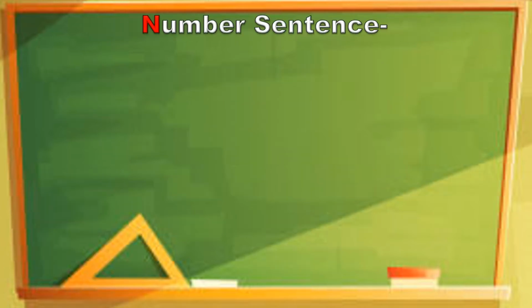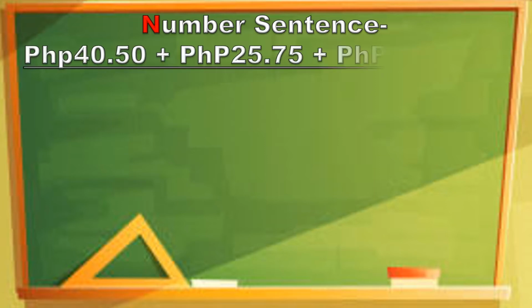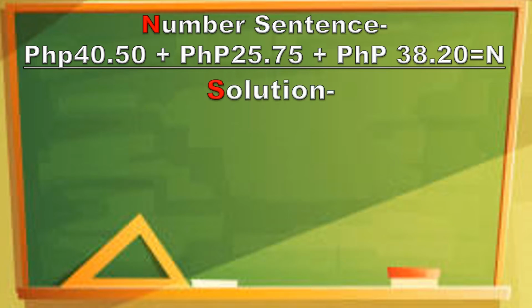Our number sentence will be 40 pesos and 50 centavos plus 25 pesos and 75 centavos plus 38 pesos and 20 centavos is equal to N. Next in AGONSA is S, which means solution. If we want to add or subtract decimal numbers, we have to write them, making sure that the decimal points are aligned. Okay, let's write our decimal numbers.